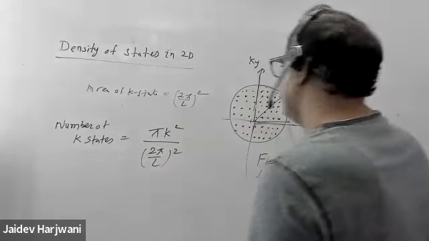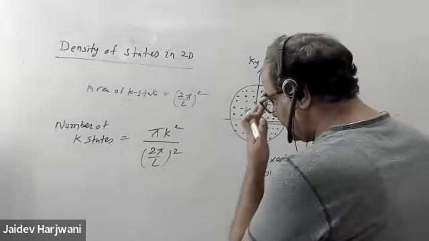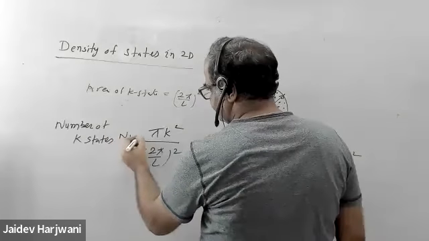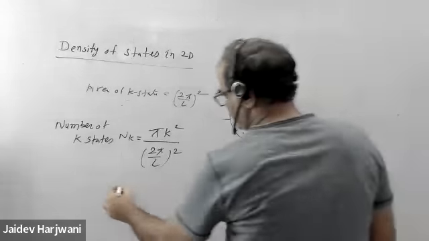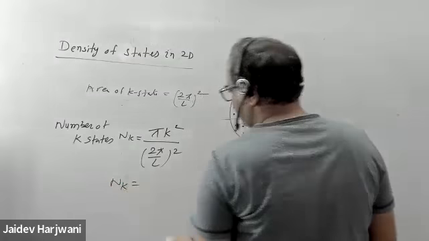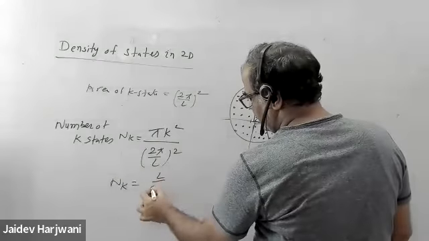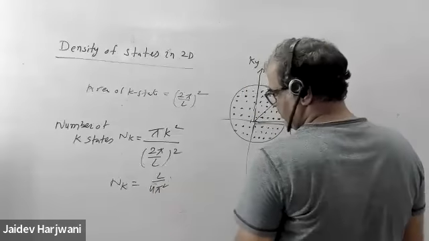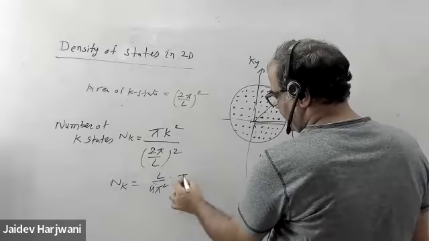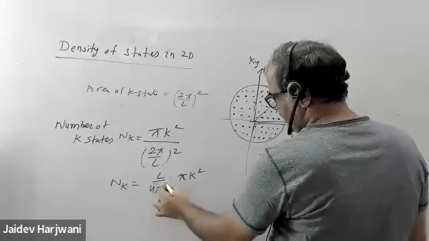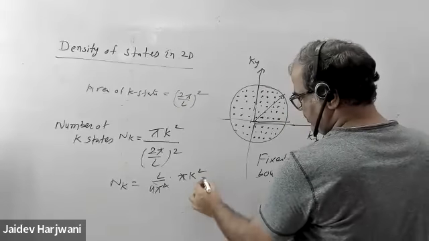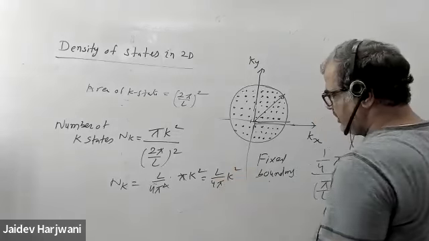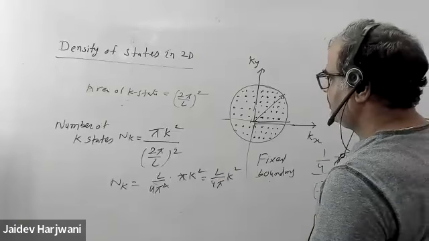So now the number of k states, this is your nk. Your nk is equal to L square upon 4 pi square, times pi k square, pi cancels. So you have L square upon 4 pi k square, isn't it? Am I making any mistake?